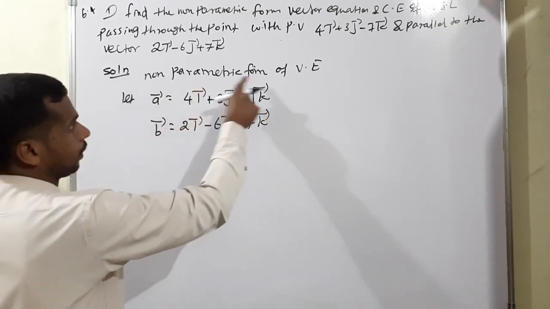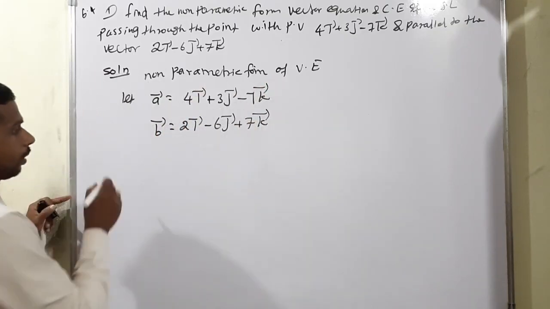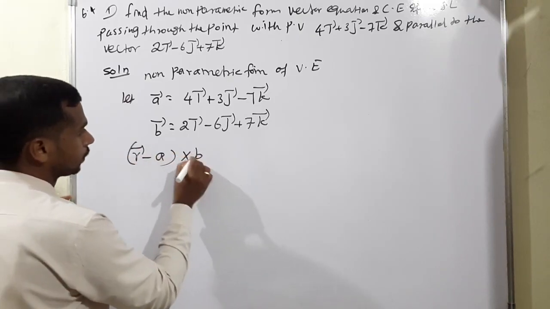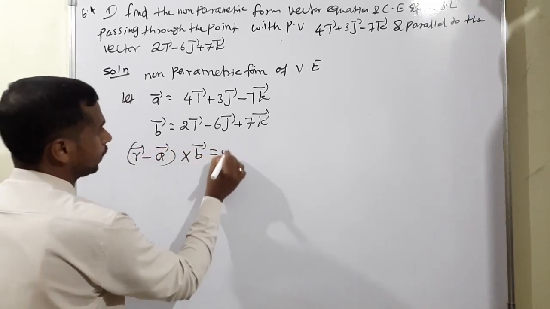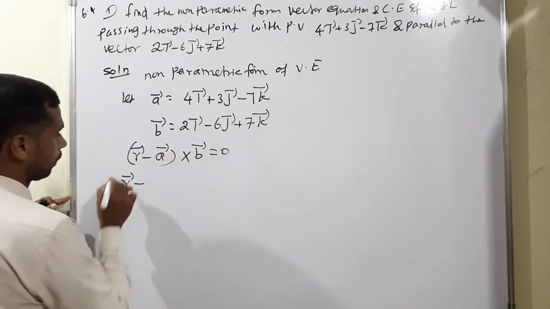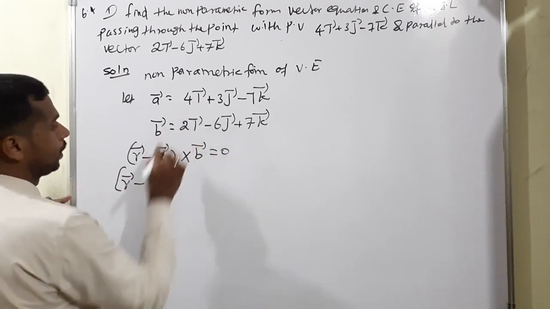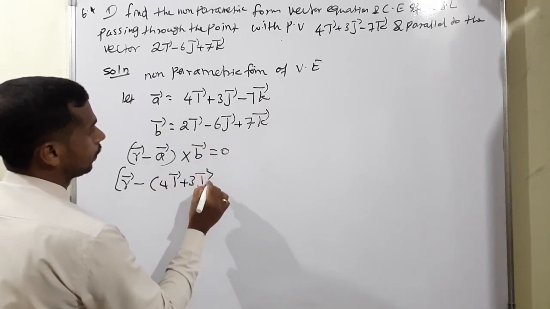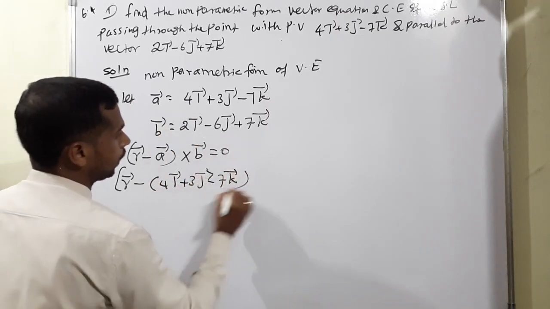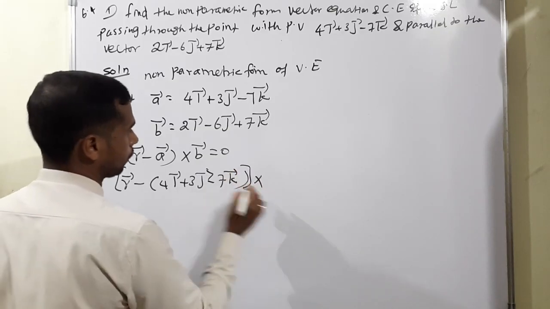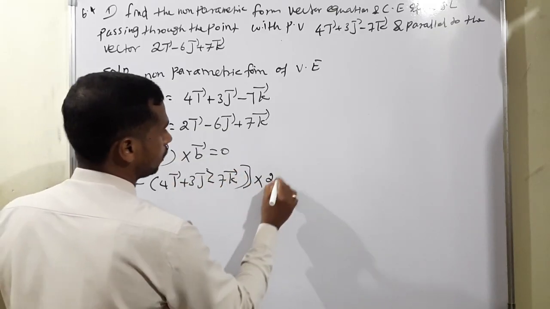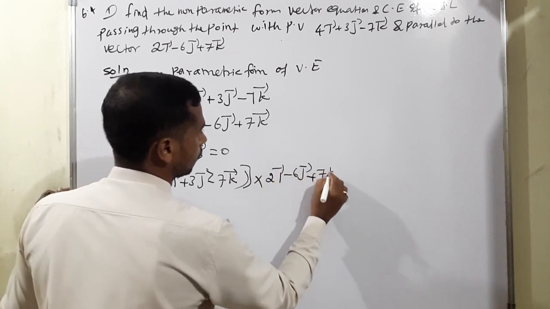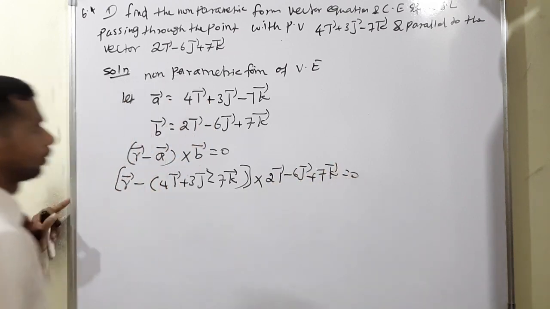So the non-parametric vector equation formula is (R vector minus A vector) cross B vector is equal to 0. So R vector minus (4i vector plus 3j vector minus 7k vector), cross product with B vector, 2i vector minus 6j vector plus 7k vector, is equal to 0.